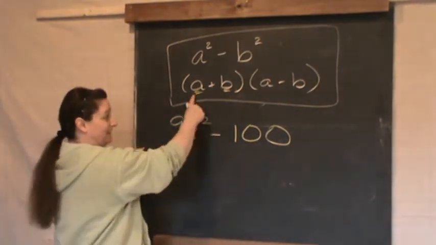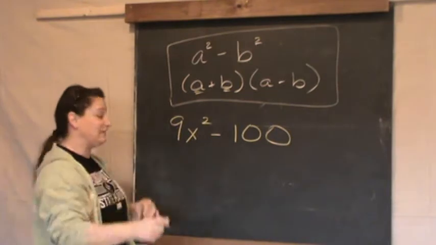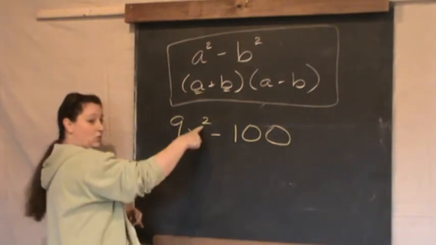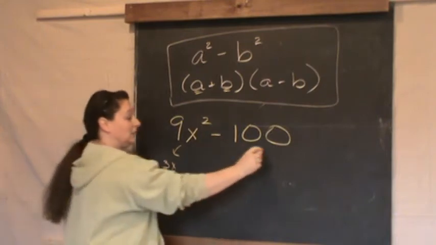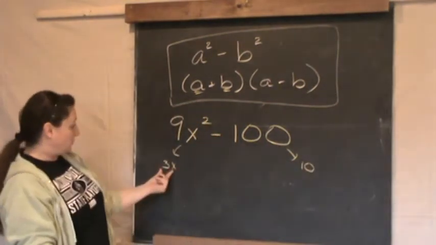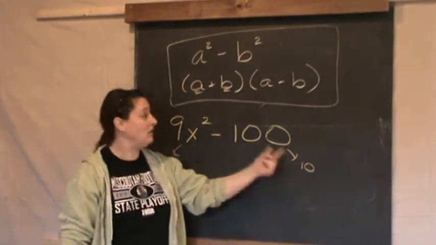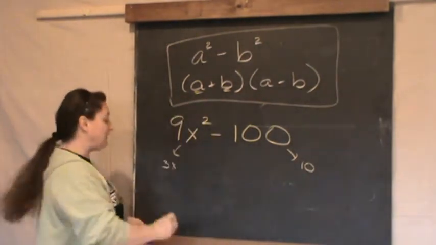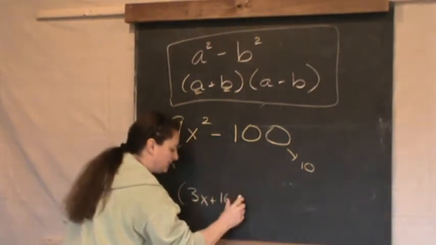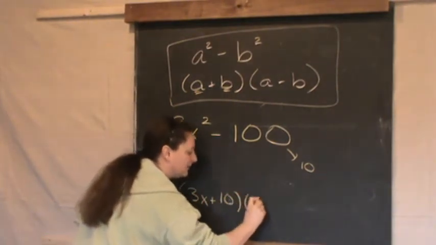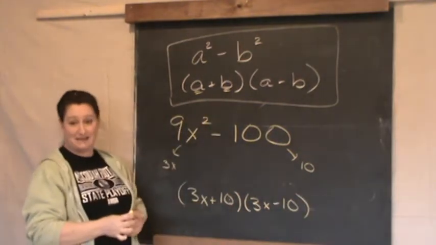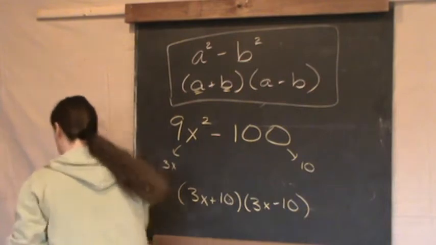So the pieces, the a and b pieces, the square root of 9 is 3. Square root of x squared is x. Square root of 100 is 10. So 3x and 10 are the a and b pieces. So 3x plus 10, whoops. Three x minus 10. Okay?